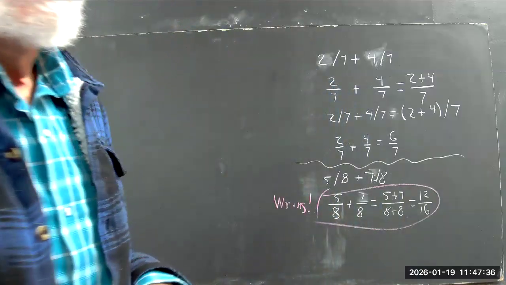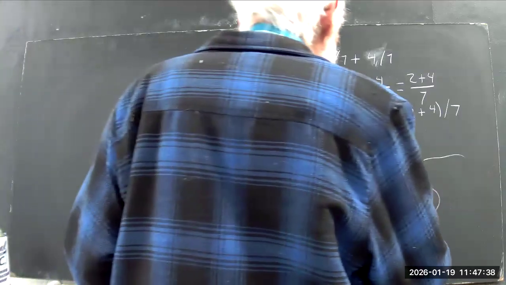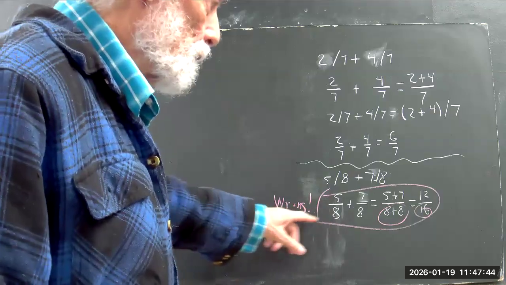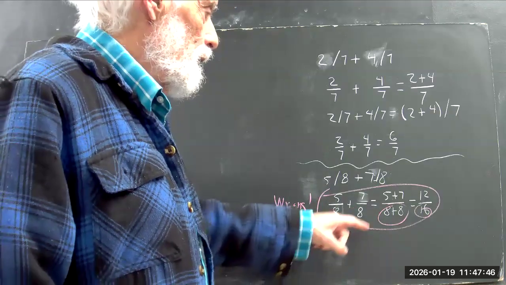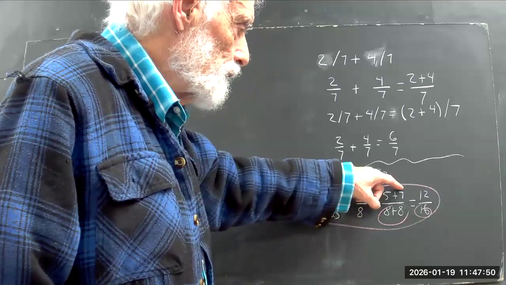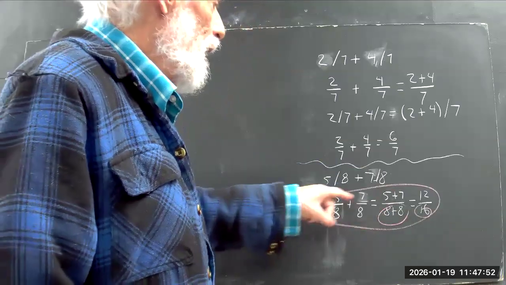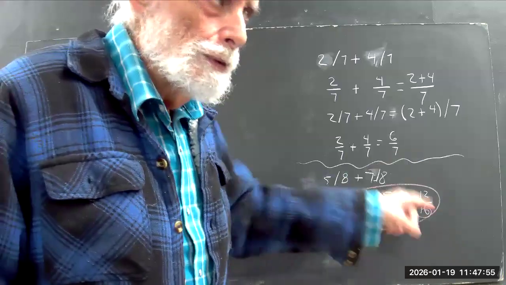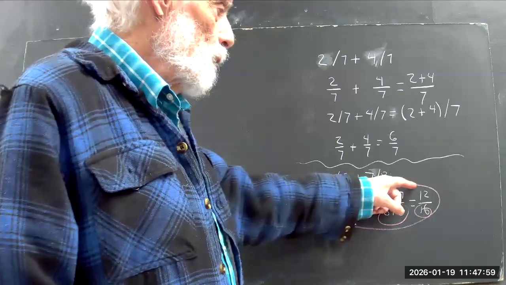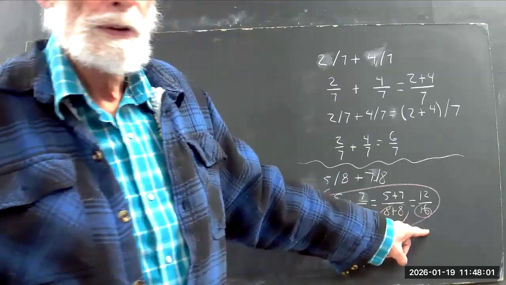This is wrong because of this. When I say because of this, what I just wrote out is wrong because after the first equal sign, I've got 5 plus 7 over 8 plus 8. I added the denominators as well as the numerators. Now I've got 12 things, but they're not eighths anymore. They're sixteenths.